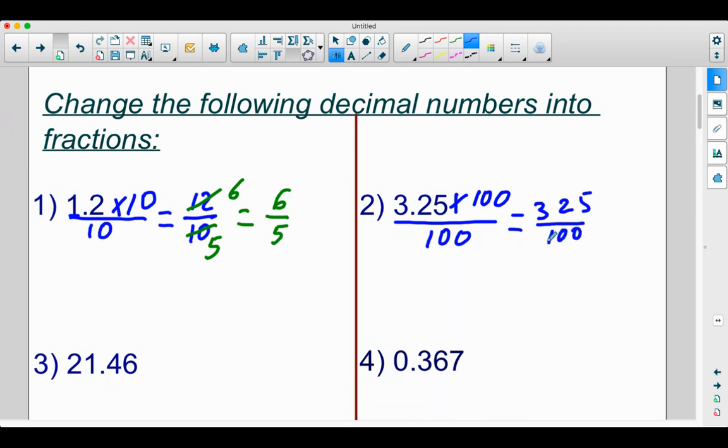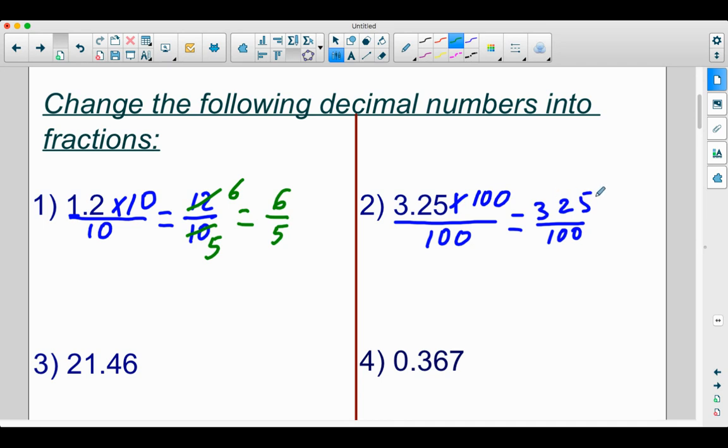Now, we can simplify this by 5, okay, and also simplify again by 5, but we can go straight ahead and simplify by 25. The biggest number that you can find as a common factor that you can simplify by, the fastest it would be.